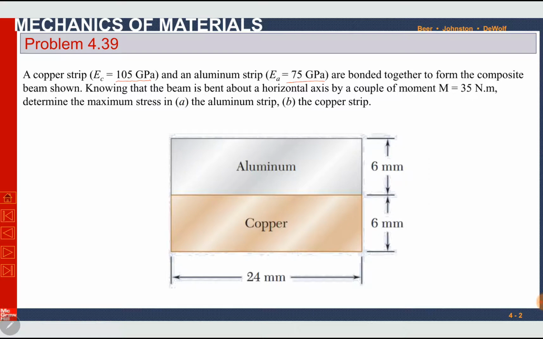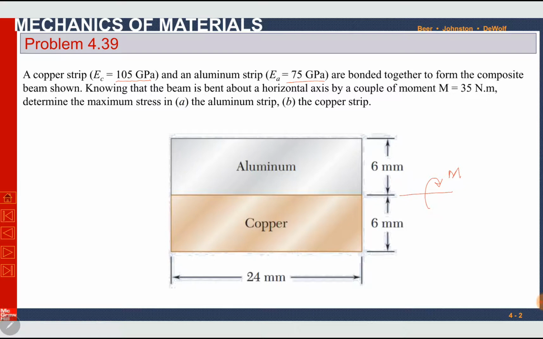Knowing that the beam is bent about a horizontal axis by a couple of moment 35 Newton meter, remember that moment is around the horizontal axis. So we have to find I about the horizontal axis, and we have to find the centroid of the cross section, the horizontal centroid. Determine the maximum stress in the aluminum strip and in the copper strip.